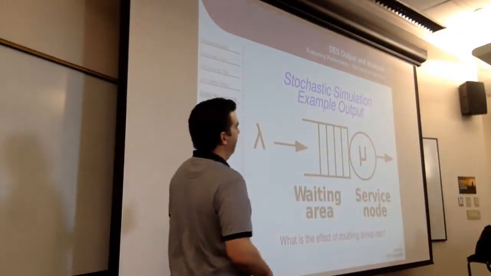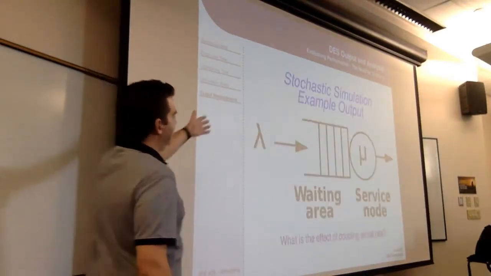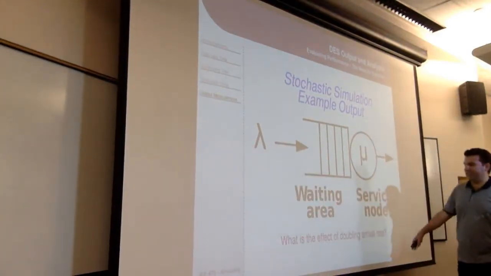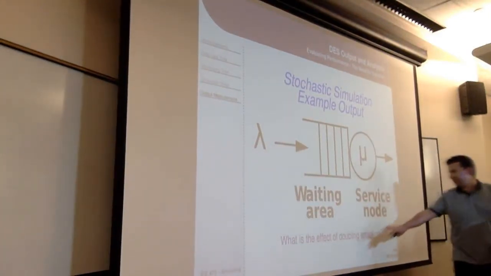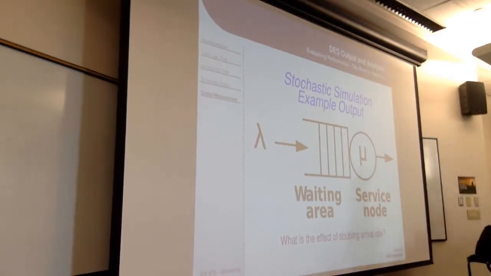All right, so what do you get from the output of these things? Imagine I had a server like this, and the what-if question I'm interested in is what is the effect of doubling the arrival rate? As I hope you'll see when you're doing the lab case and the homework examples, if you run these things over and over again, with different arrival schedules, you'll get different answers.